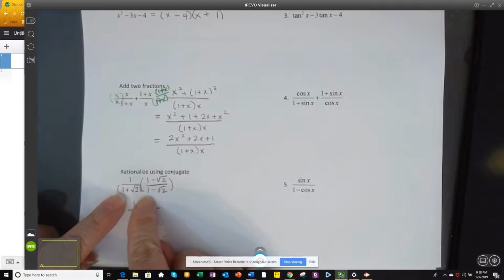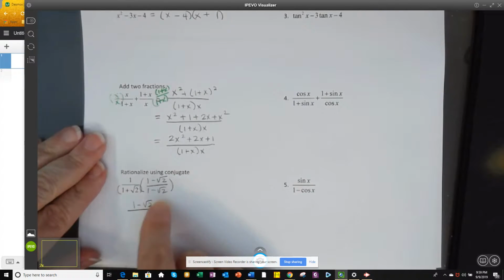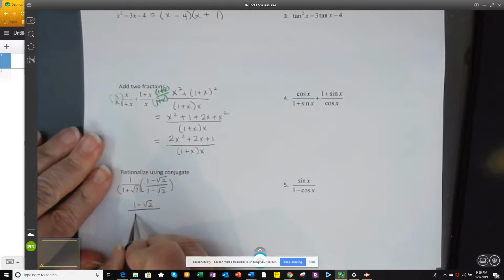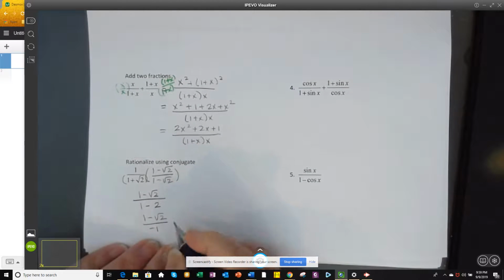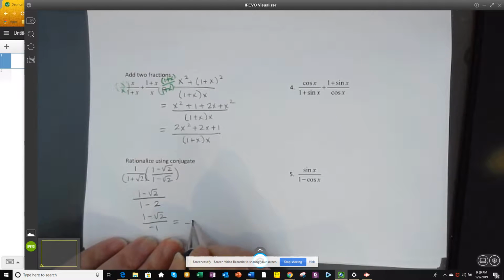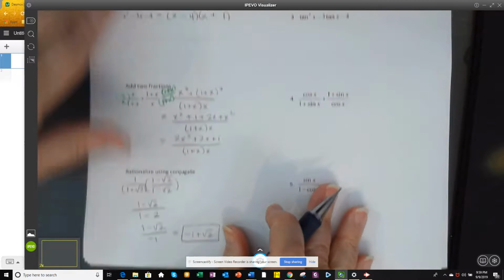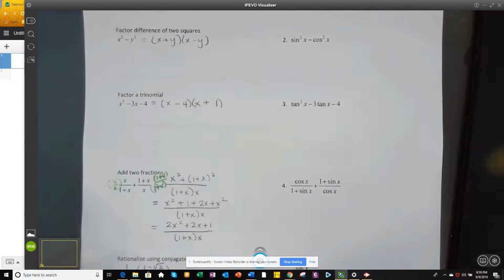So I'm going to go 1 squared minus root 2 squared, which is 1 minus 2. And this is going to equal 1 minus root 2 over negative 1. And if I distribute the negative 1, we get negative 1 plus root 2. All right, so all that's familiar algebra that we've done in the past.